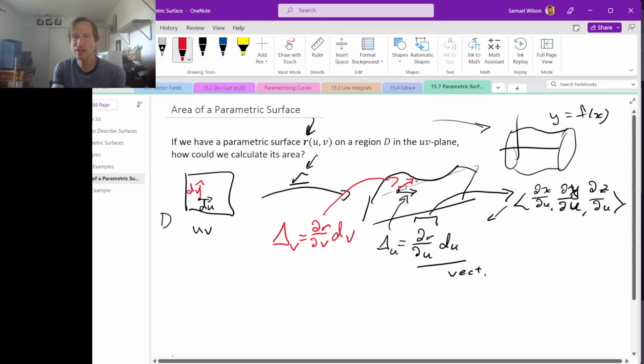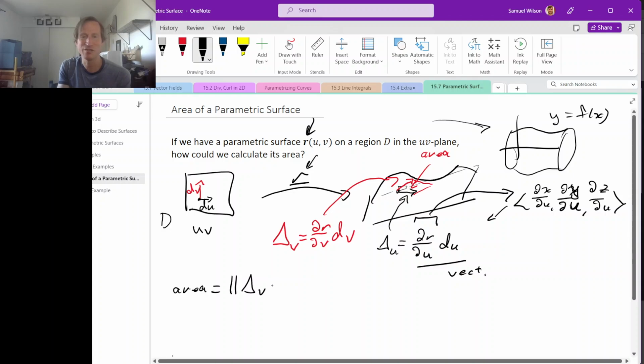Then these two vectors bound this little patch of area, and we need to know how much area is in this little patch. Well, we're very fortunate again because we're asking for the area of a little parallelogram that's bound by two vectors. So the area of that little parallelogram is the magnitude of the cross product of these two vectors.